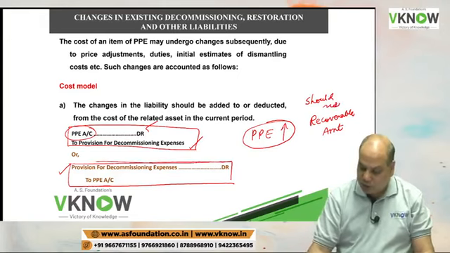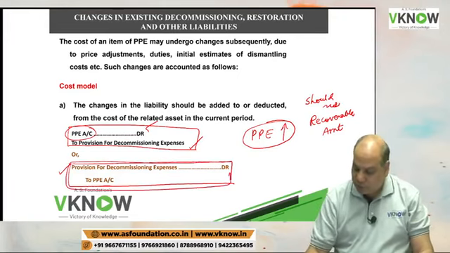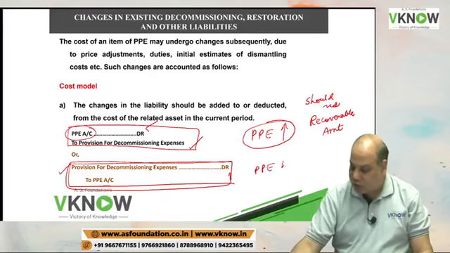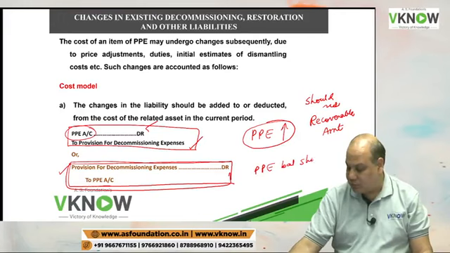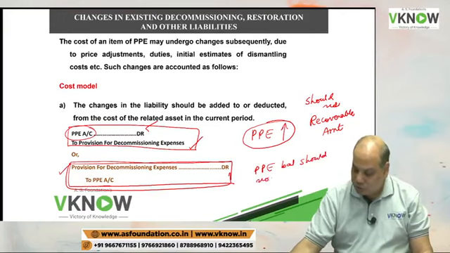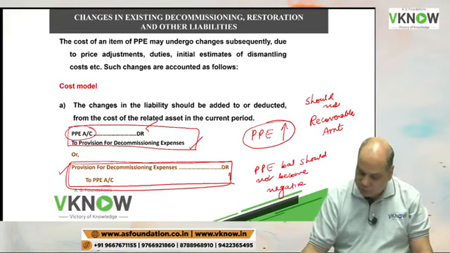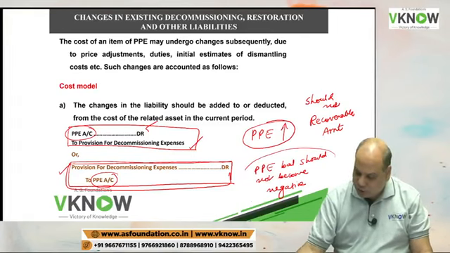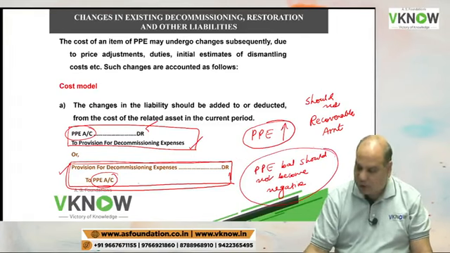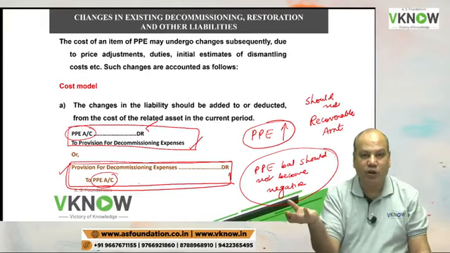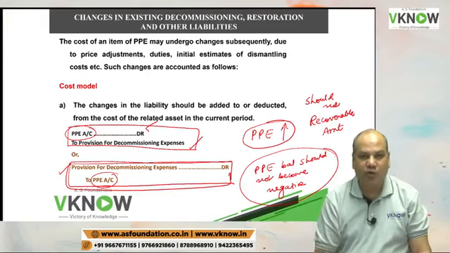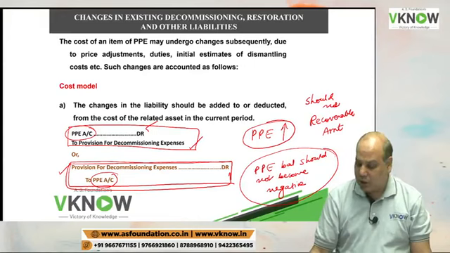And see the problem with this entry: if you pass this entry, the PPE balance should not become negative. What they are trying to say is, you are crediting the PPE account, so it should not become negative, because if the balance left in the PPE account is 20,000 and you credit it by 1 lakh, there will be a negative balance.